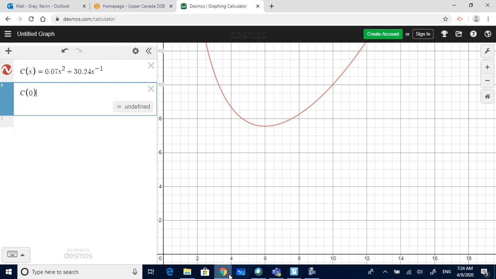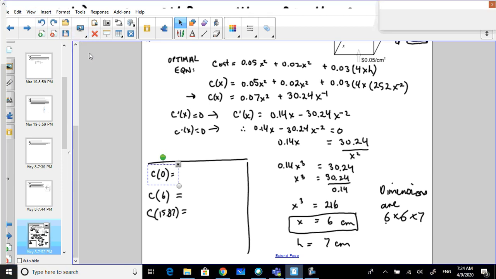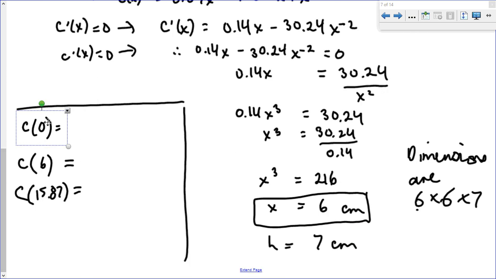My cost function is a little bit above 0. That's how I have to write that. I'll put a plus sign, just a little bit on the right side of 0.